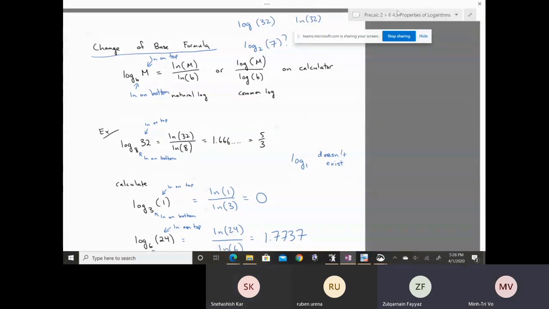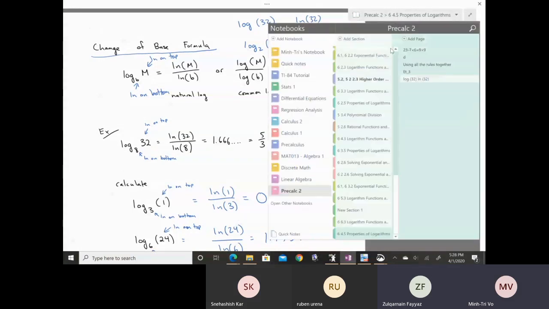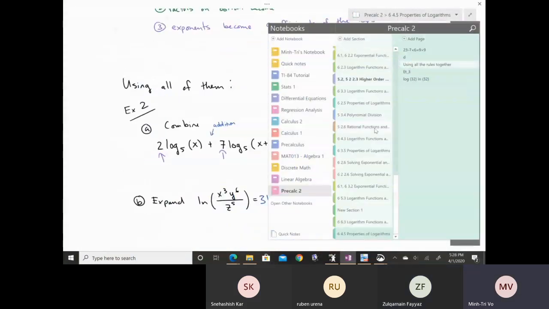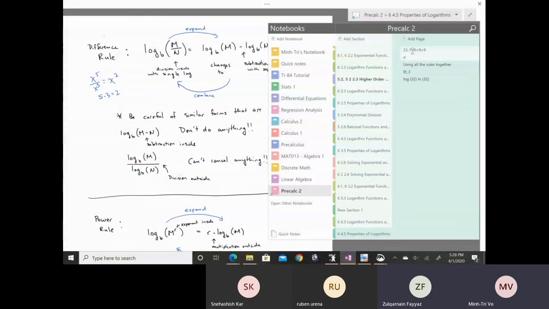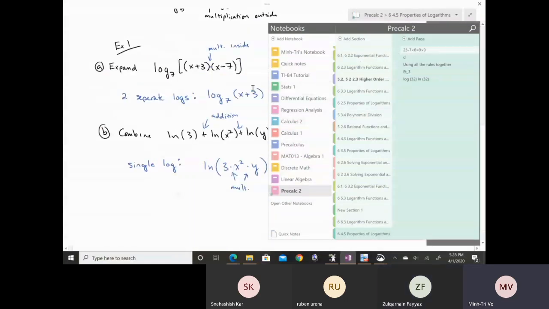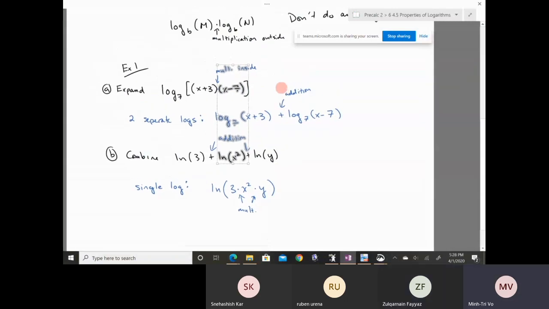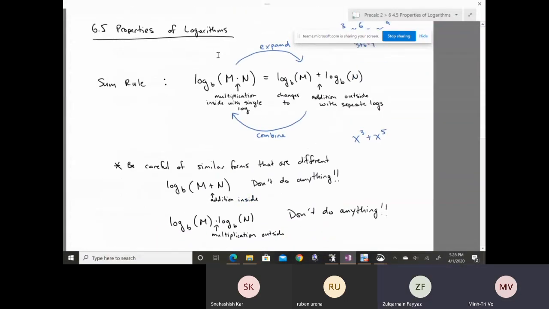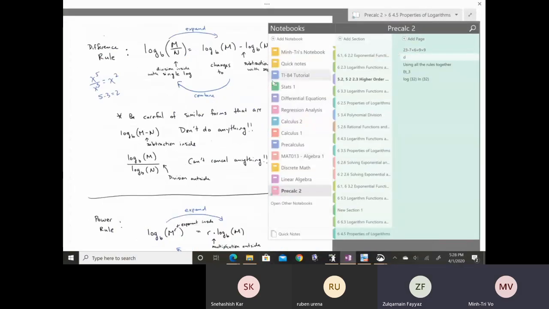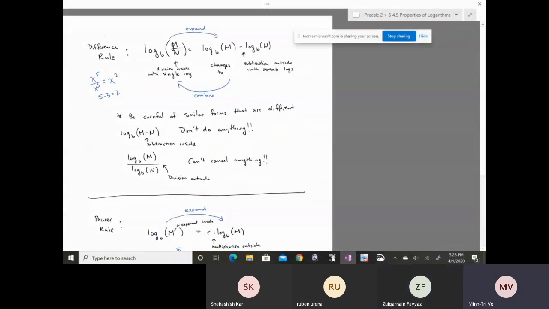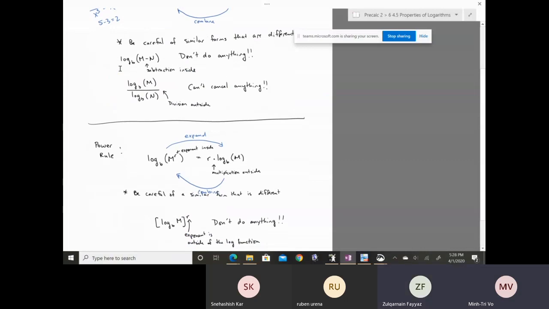No, we did the product and quotient. I called it the sum rule and the difference rule, but you can also think of it as the product and quotient, right? Because the sum deals with multiplication, and the difference deals with the division. So it's just a different way of calling the rule, but they're the same rule.